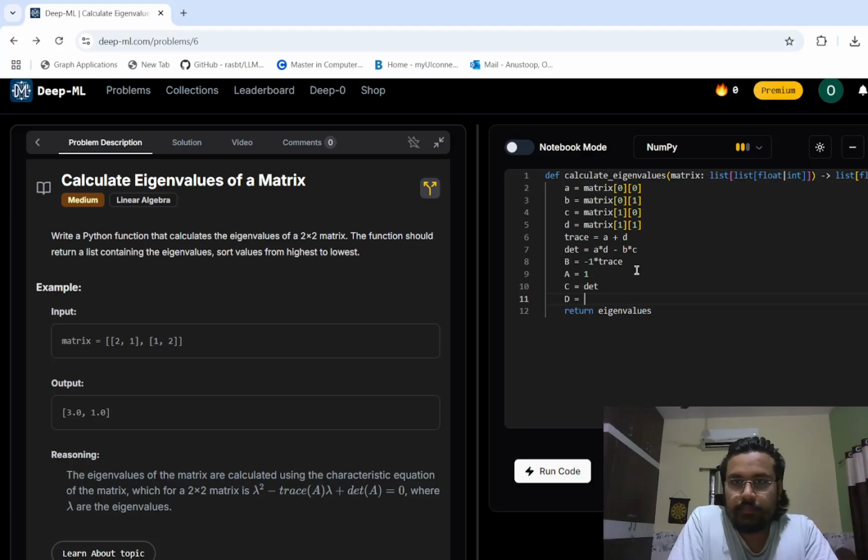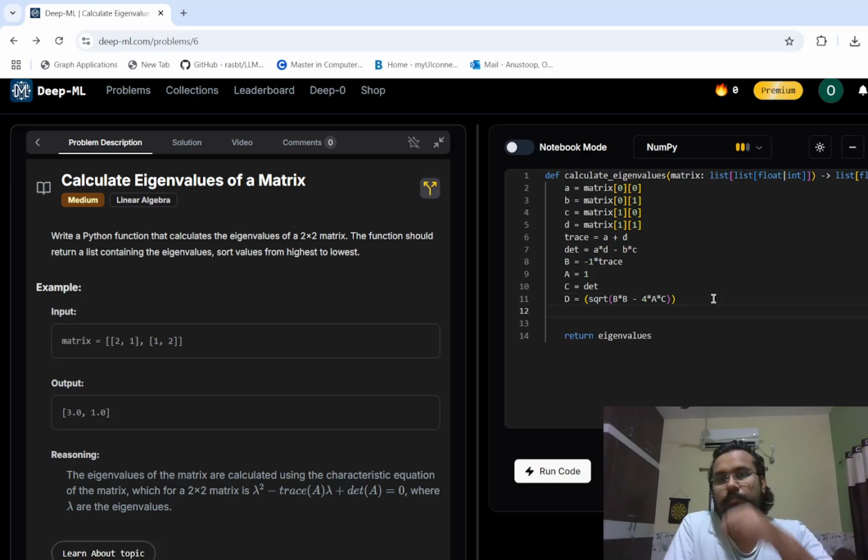So your discriminant is, I think the square root function is available in Python directly. Square root of b square minus 4ac, divided by 2 times a. Discriminant is just this part, my bad. So you have the discriminant, b square minus 4ac under a square root.